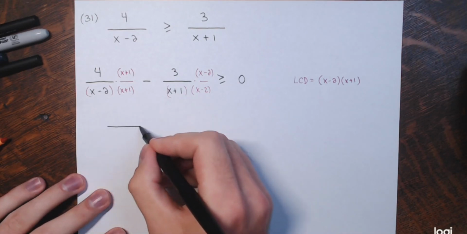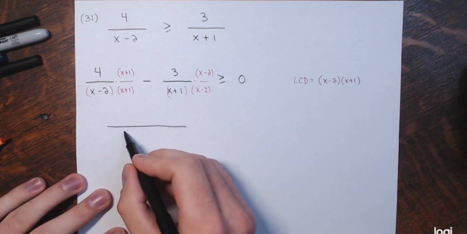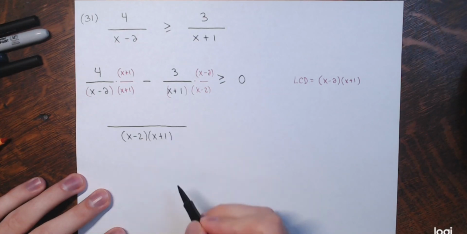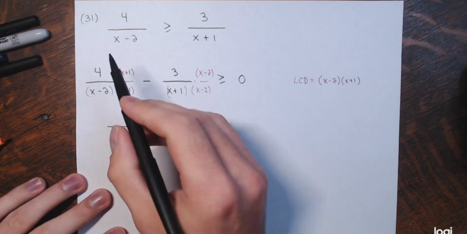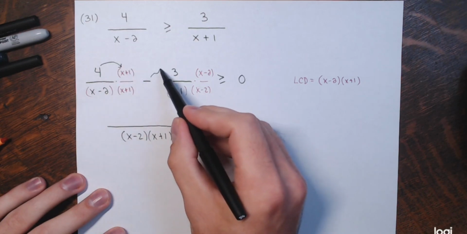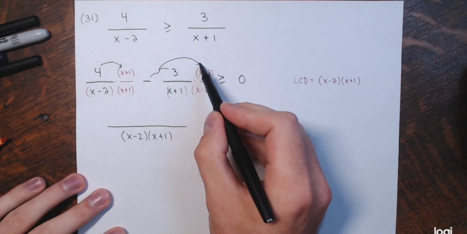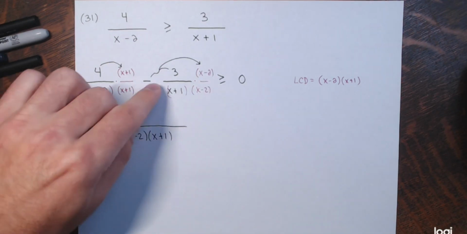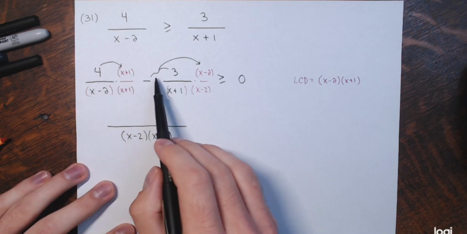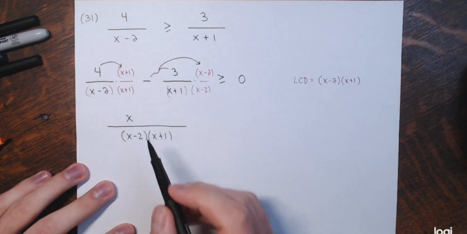So the denominator will be this common denominator. It'll be x minus 2 times x plus 1. And the numerator, I'm distributing the 4 here and distributing the negative 3 here. Don't forget that. Negative 3 times the x minus 2. So I'd have 4x minus 3x, that'll give me 1x.